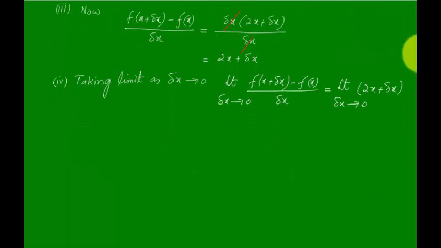Here you can see that the whole factor on the left hand side can be written as f dash x, and on the right when we apply the limit it becomes 2x plus 0. Therefore f dash x is equal to 2x, and this is our answer.